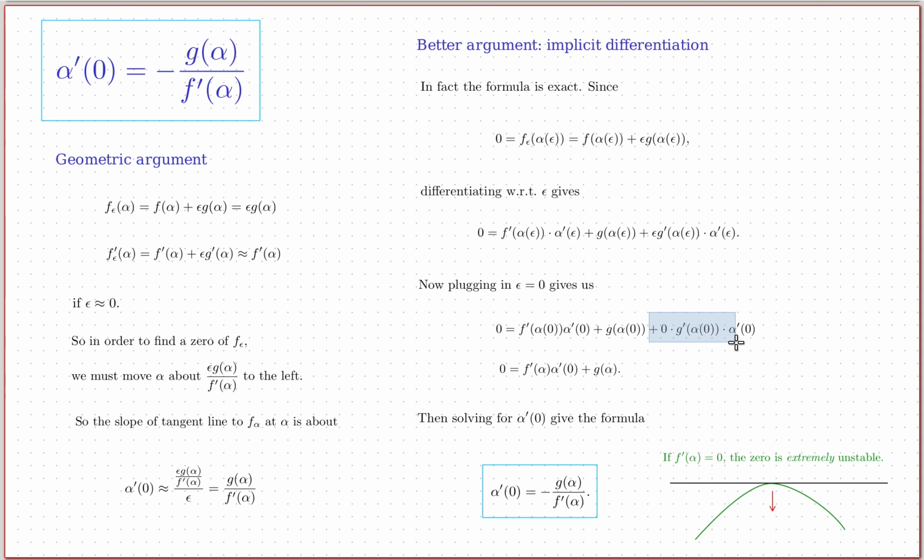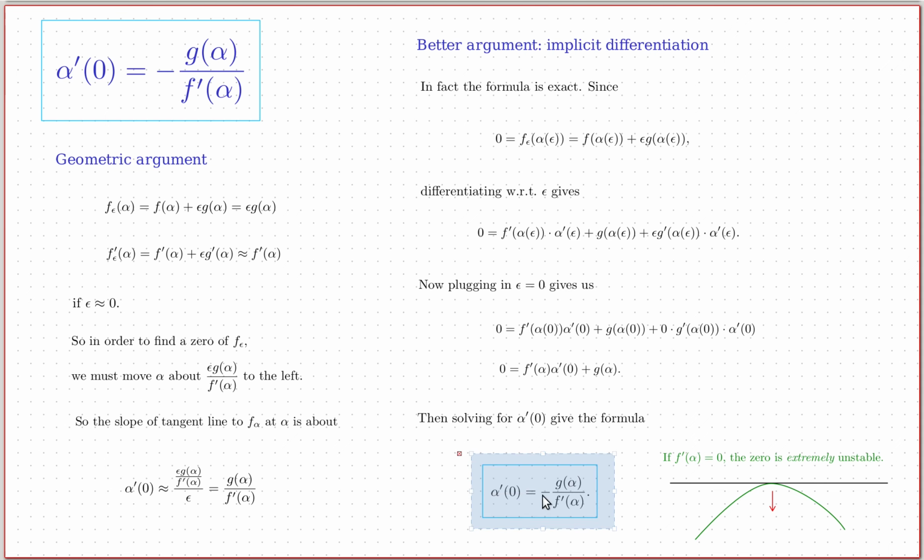And as I said, the remaining term just disappears. So now this linear equation is easy to solve for alpha prime. Right? We get alpha prime equals minus g of alpha over f prime of alpha, which is the formula I showed you earlier. But we can see now that it is exact. And this is a rigorous derivation of the formula. We didn't do any hand waving.